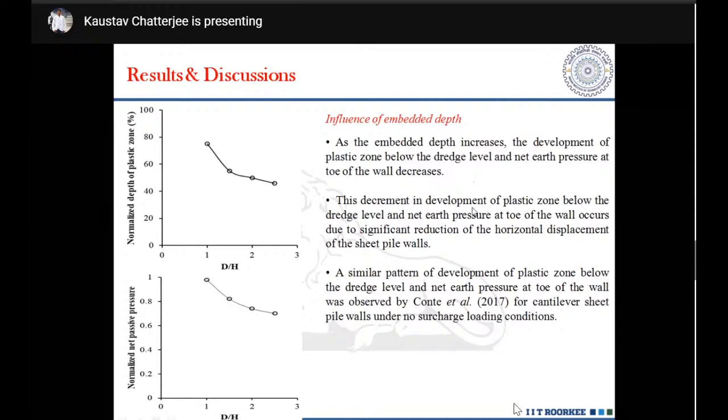This decrement in development of plastic zone below the base level and net earth pressure at the top of the wall occurs due to significant reduction in horizontal displacement of the sheet pile. A similar pattern was also observed by Conto et al. in their new theoretical study for cantilever sheet pile under such conditions. That means that as my D by H ratio is increasing, the depth of the plastic zone keeps on increasing.